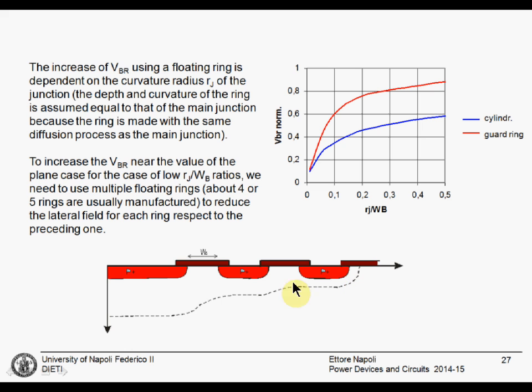As you can see here, in this case, we have two rings. They are properly placed, and as you can see, instead of having this depletion region that ends here with the large curvature, the first floating ring extends the depletion, the second one extends it even more, and the final behavior has no large curvature points in the depletion region, and the actual breakdown voltage can be as high as 90 or 95% of the ideal one.